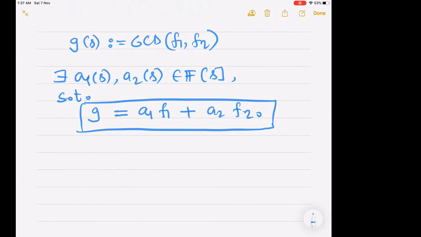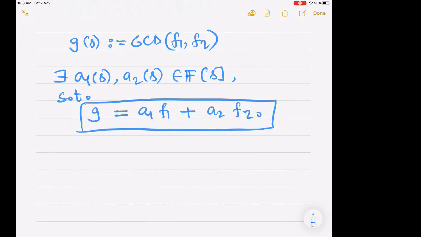So just brush up your memory about co-prime polynomials. What do we mean by co-prime or relatively prime polynomials? f1 and f2 would be called relatively prime or co-prime if their GCD is 1, that is, the monic greatest common divisor is just 1. That means they don't have any common factors.